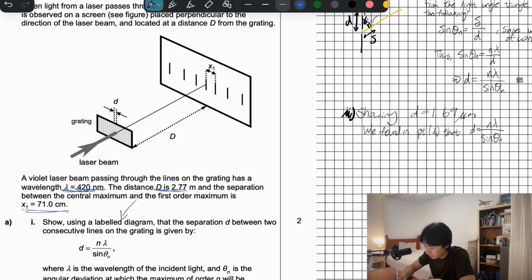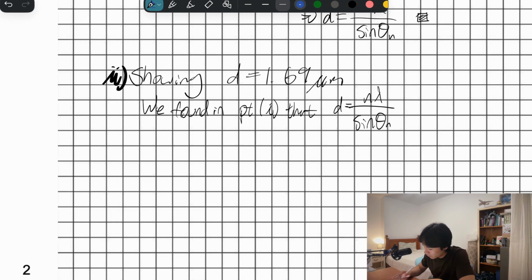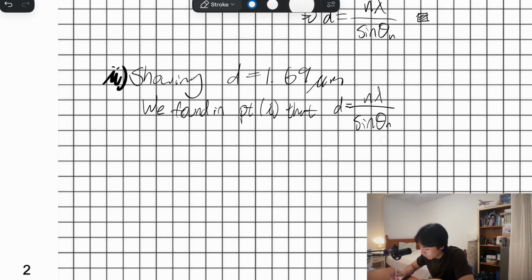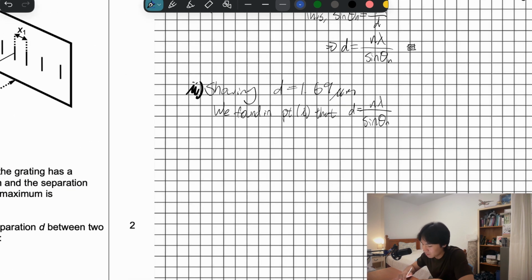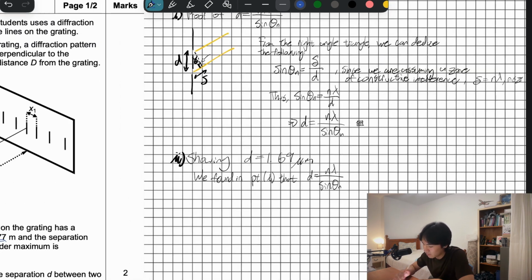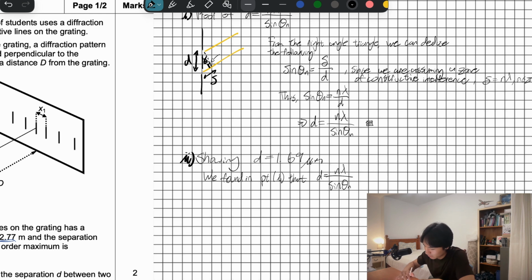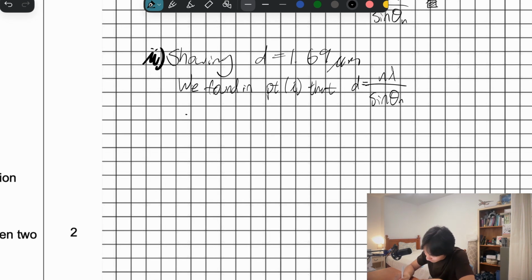In other words, this distance here is 71 centimeters. However, we do not actually have the angle here, we do not have theta n. What we can do is some basic trigonometry, and the second diagram is going to come in handy. We saw that from far away, the second diagram basically looked like this.